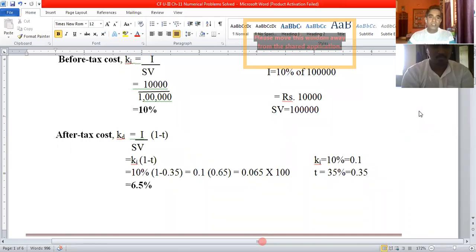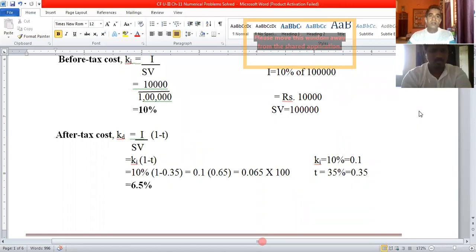Now let us see what each component of this equation is. I is the annual interest payment in rupees. RV is the redeemable value of the debenture.